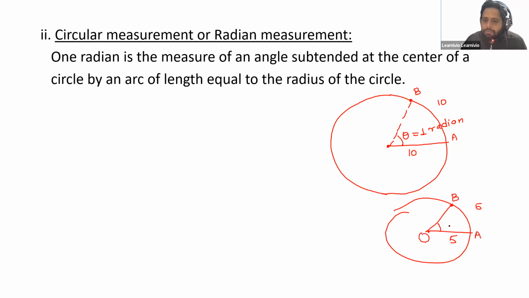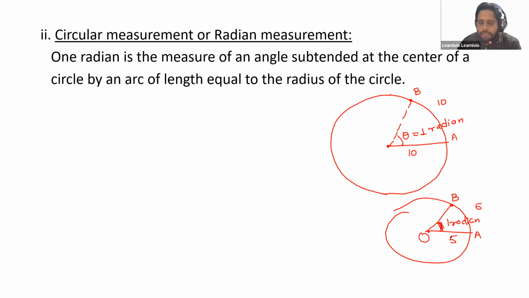Hotvika, can you tell me what is this angle in radian at the center? So 1 radian. When we say that the angle at the center is 1 radian, the length of the arc is equal to the radius of the circle.